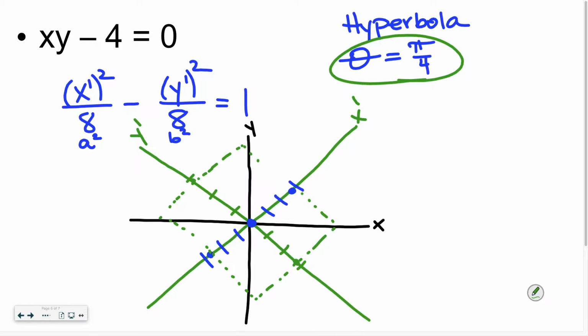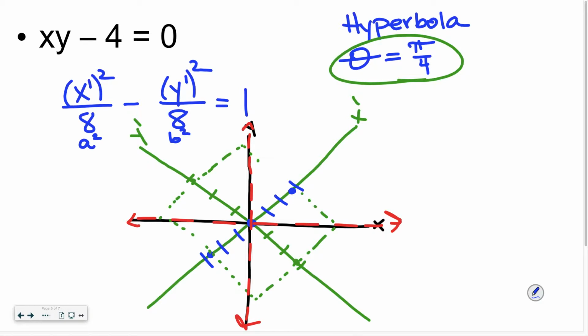In this case, it's a square because A and B are the same. And through the diagonals of our rectangle, we plot our asymptotes.